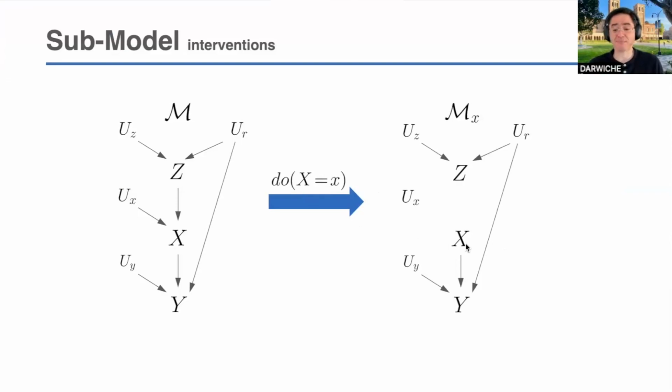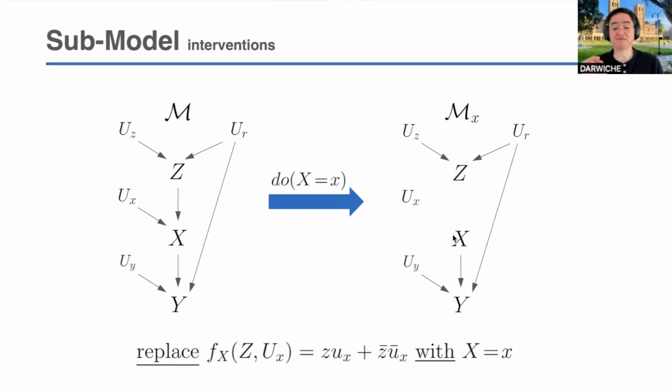First, the variable I'm intervening on, I disconnect it from its parents. So I remove these two edges, and now it looks like this. And I adjust the structural equation for X, because here X was a function of these two guys. So its structural equation expressed its value in terms of these. Now X has a set value.